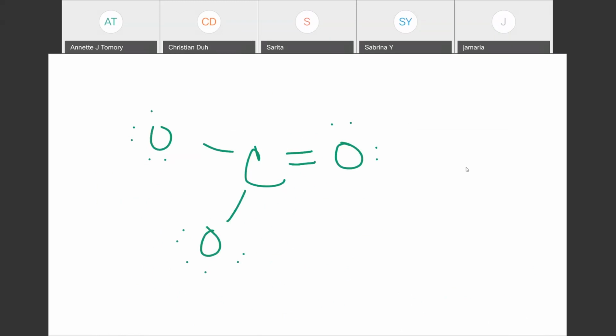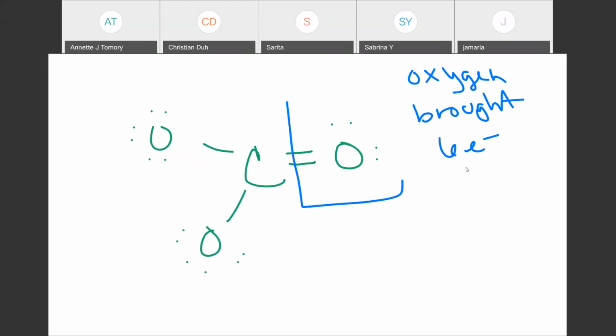How many electrons did the oxygen bring in? 18. Individually, each oxygen brought in what? 4. Not 4, that's carbon. 6. Oxygen brought 6. Now, let's take a look at here. You get 1 electron for each line, and then each side is an electron. So how many electrons are on oxygen right now? I circled. 6. 1, 2, 3, 4, 5, 6.